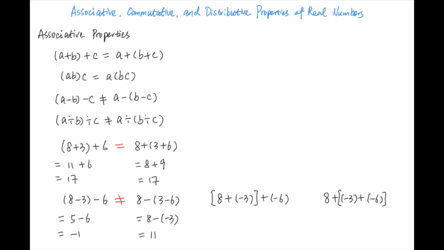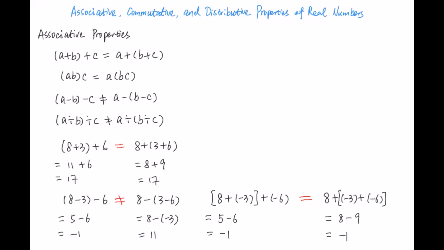On the left side, 5 minus 6 is -1. On the right side, 8 minus 9 equals -1. So now I can say these two expressions are equal to each other. These three examples show that the associative property works with addition, but not with subtraction.